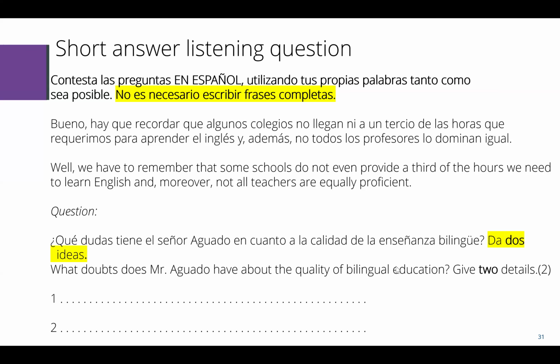So, perhaps if in the text it's in the first person format and they just lift it, whereas the question is actually in the third person, then they haven't really addressed the question. So they need to be aware of that, and not writing complete sentences can actually obviate that to a certain extent, because they're just picking the exact bit that is needed there.